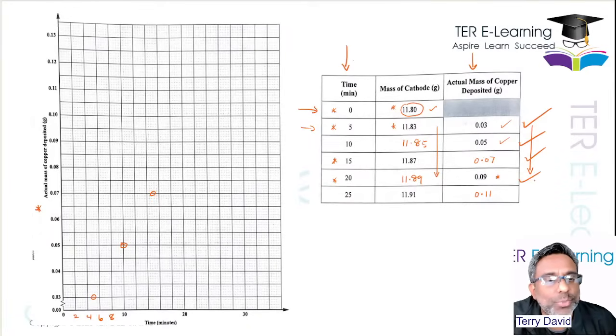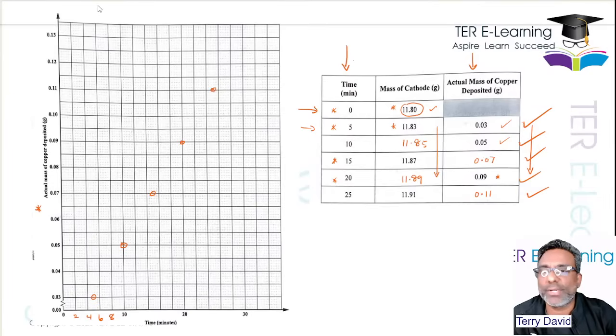The next one is 20 against 0.09, so that's here. And then the next one is 25 against 0.11, so that's 22, 24, 25 against 0.11, and that's going to be about here. So we expect to get a straight line. Let's draw the straight line.